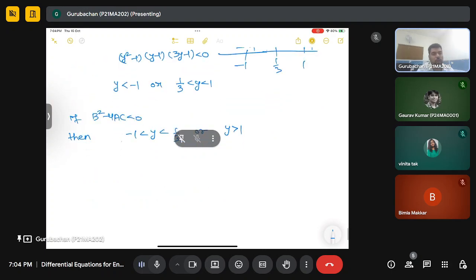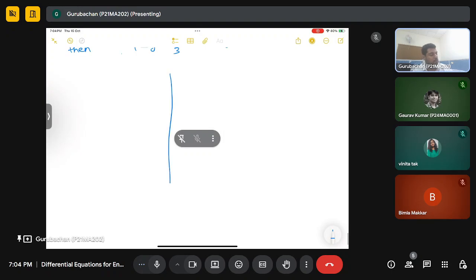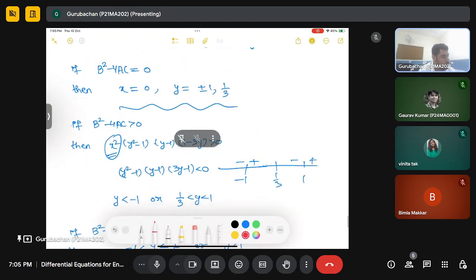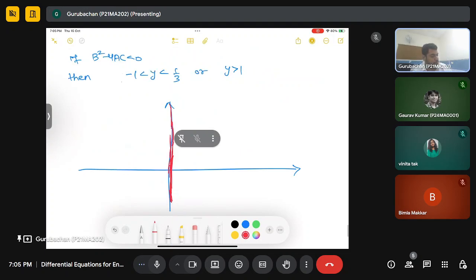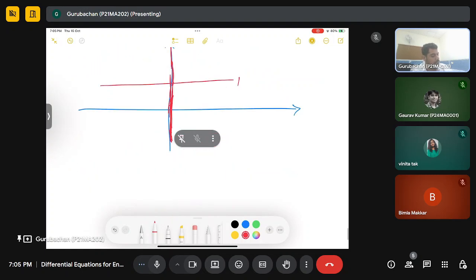These are all cases that you can draw graphically, so let me draw it. x equal to 0 means this line. Next one is y equal to plus minus 1, 1, minus 1, and 1 by 3.